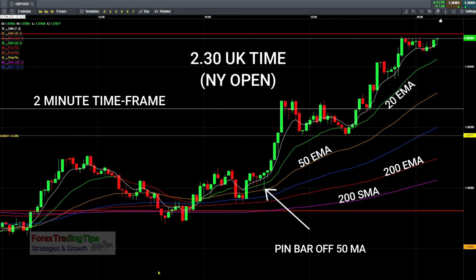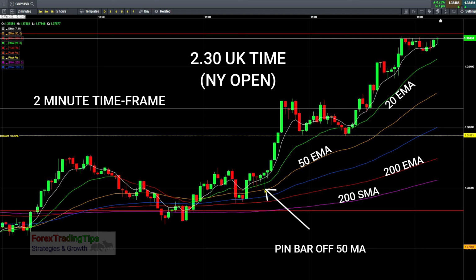Here's another one, guys, and this time on the 2-minute time frame, just to show you that this takes place on every time frame, and this is actually at the New York Open. Now look at this pin bar coming right up off of the 50 period moving average on the 2-minute time frame. So you just set up these moving averages on your charts, and you look at them on all time frames.